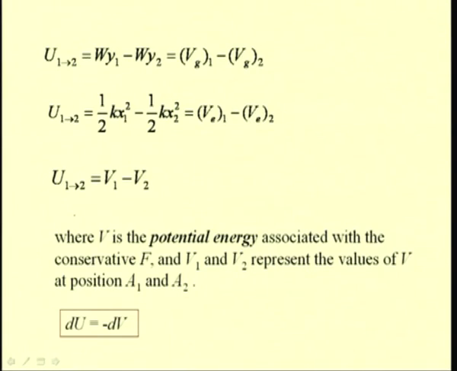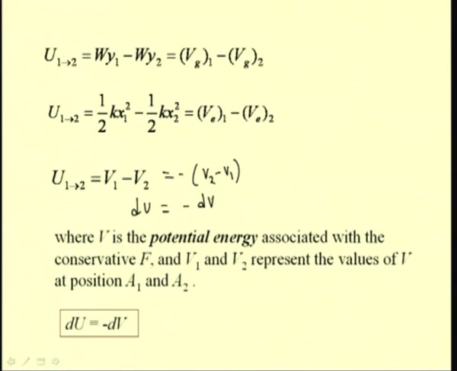So, we can write dU, the change in the work, is equal to the negative of dV, because we see that the work done from 1 to 2 is equal to V1 minus V2, or this is equal to minus (V2 minus V1), and for a small change dU it is equal to minus the small change in the potential energy.